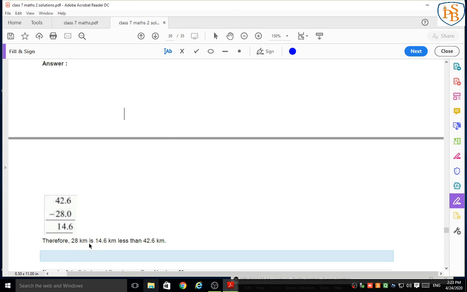So 28 kilometer is 14.6 kilometer less than 42.6 kilometer. Or you can also write that 42.6 kilometer is 14.6 kilometer more than 28 kilometer. In both ways you can write this, but they asked how much less, so we have to write: 28 kilometer is 14.6 kilometer less than 42.6 kilometer.